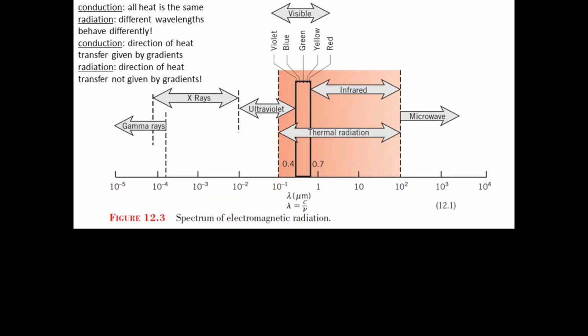Another thing, for conduction, thermal energy is thermal energy. What part of heat you don't understand, right? But for radiation, energy comes in different colors. And this is literal because you have different wavelengths.